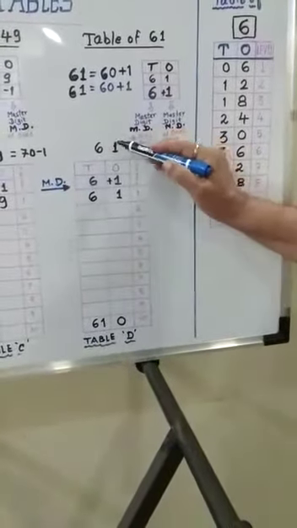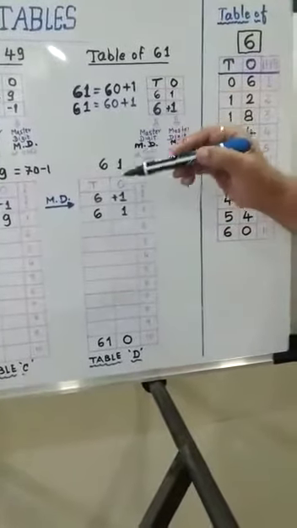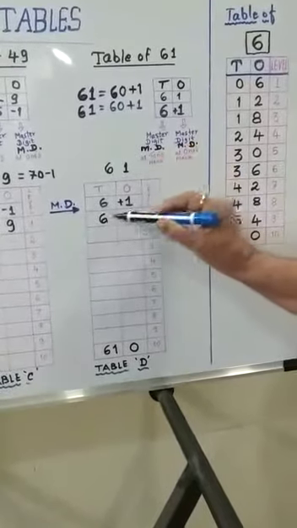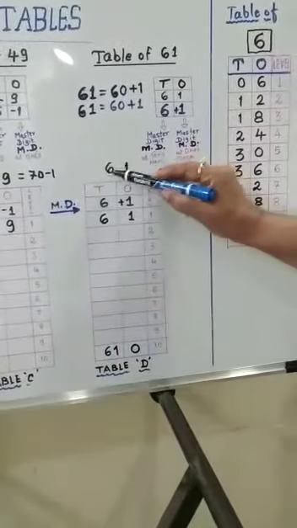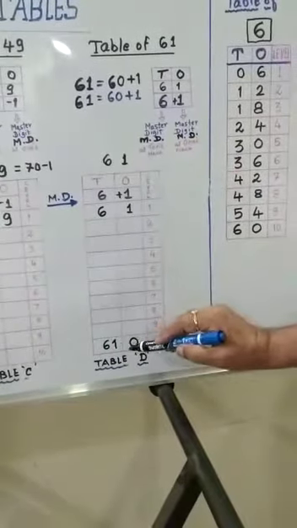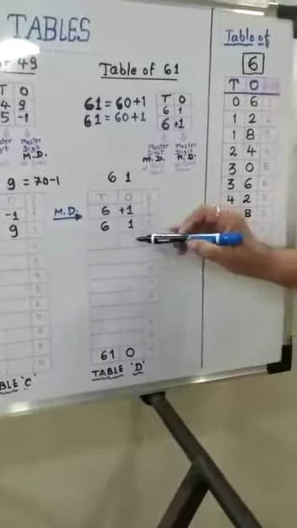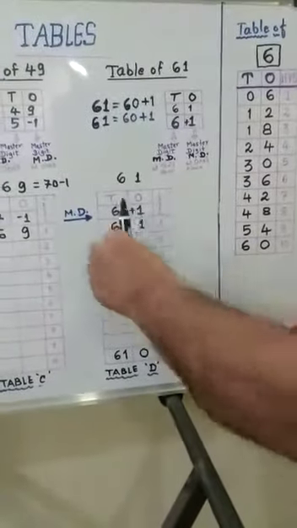Now we want to prepare the table of 61. First we write the numbers that we already know. 61 ones are 61. And 61 tens are 610. Now we have to get the in-between numbers.